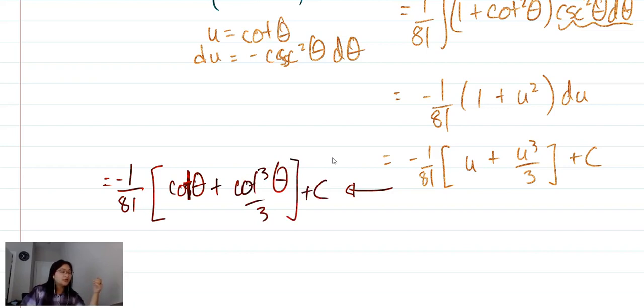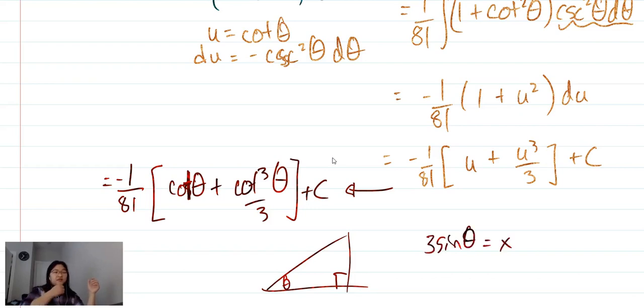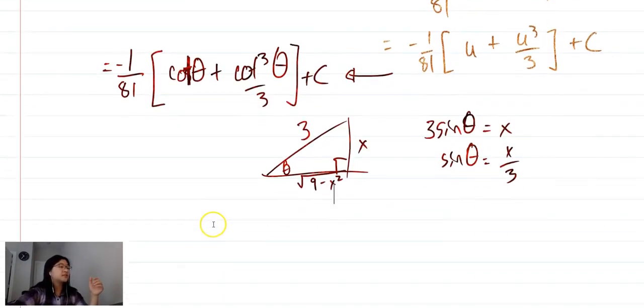And then we can draw our right triangle. We said 3 sine of theta was x, which means that sine of theta is x over 3. So that means that x over 3 goes there, and that means that over here we have root 9 minus x squared because of the Pythagorean theorem. So then our cotangent we can translate into terms of x.